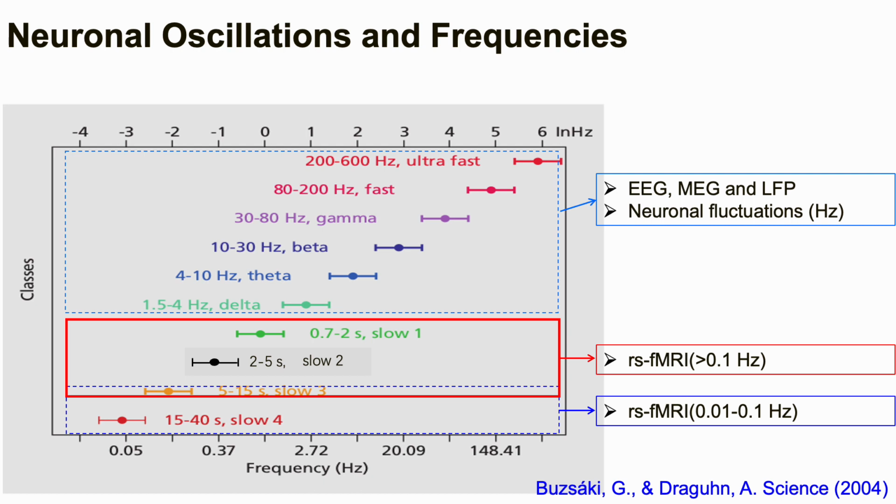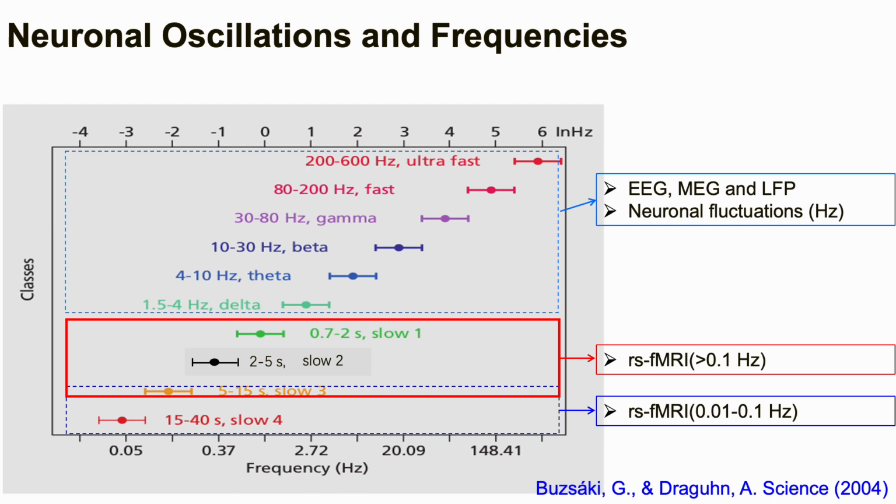The fMRI data, on the other hand, has one sample every 2 seconds, so it has very low sampling. With the multiband sequences available, one can collect data every 600 or so milliseconds, so we can increase the frequency bandwidth a little bit.